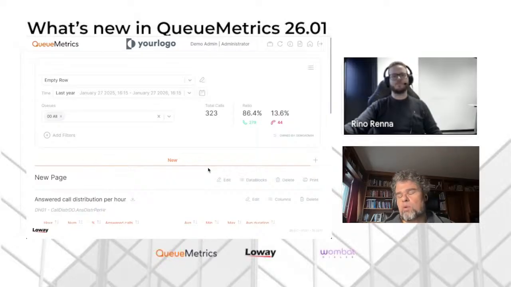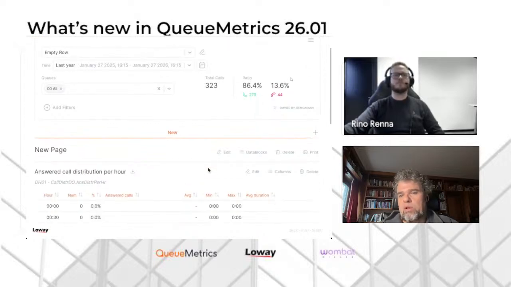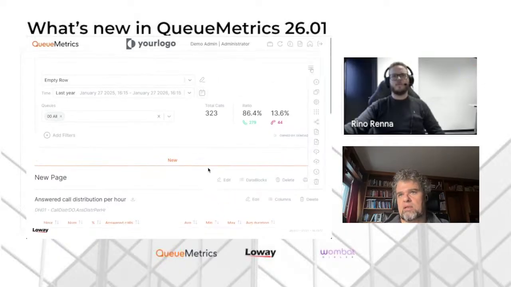But if you work 24/7, of course, they will be meaningful. But usually, if you work during, for example, office hours, like many people do, you will get no calls at 1 a.m. So you're looking at 24 hours where you actually care about 8, 9, 10, 12 hours, and you have a lot of zeros before and after the working day.